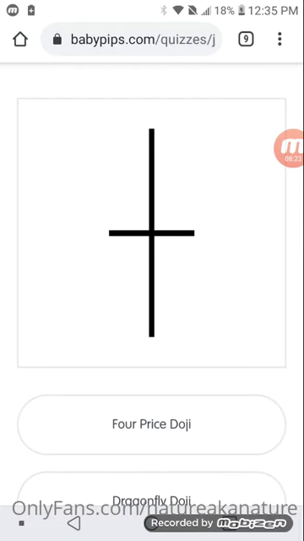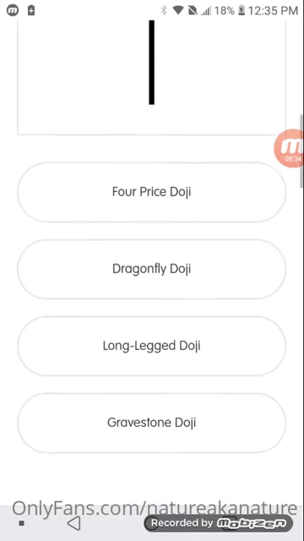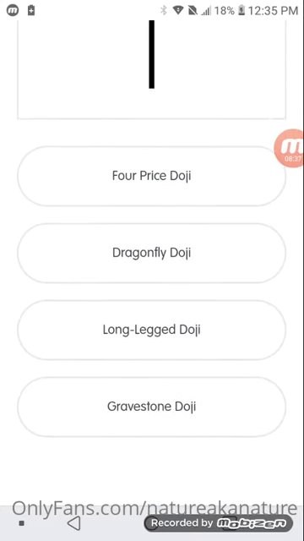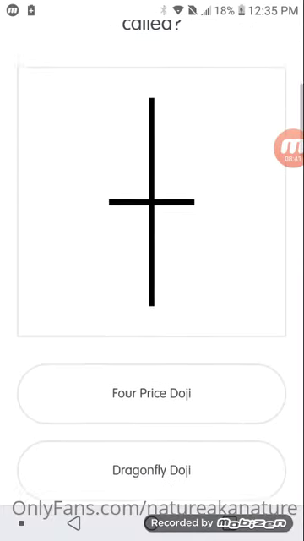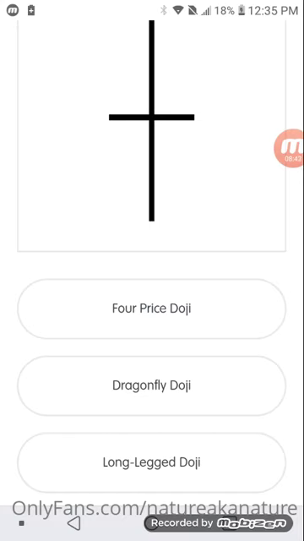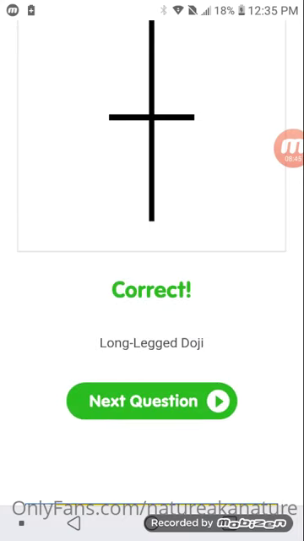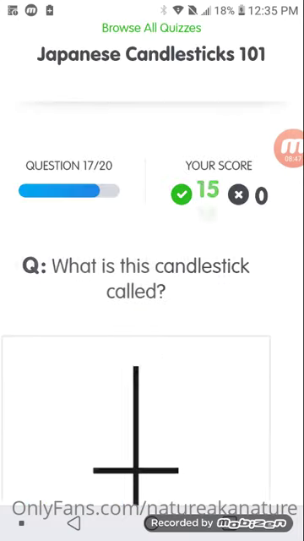If you see it during a downtrend, it means sellers are indecisive and buyers could possibly come in. We need more candlestick formations to validate this, but this is called a long-legged doji. Correct. All right, so we're going to get 20 out of 20, no problem.